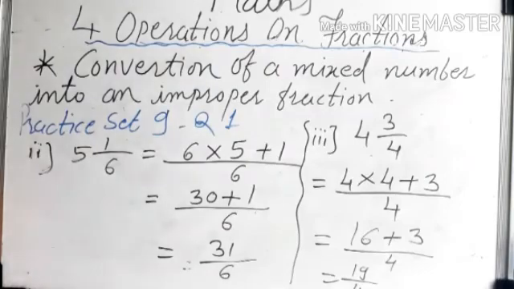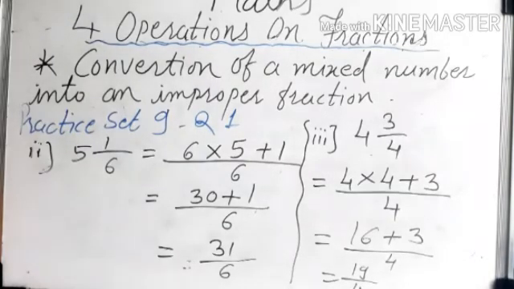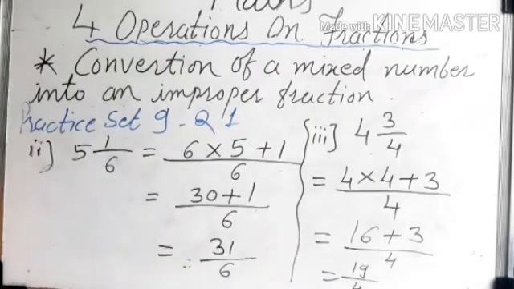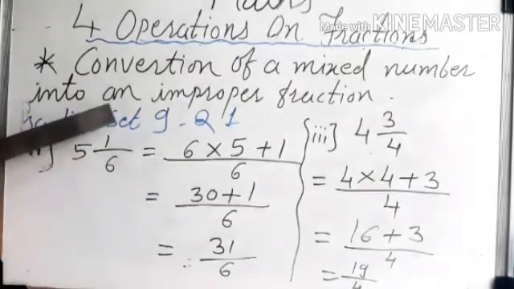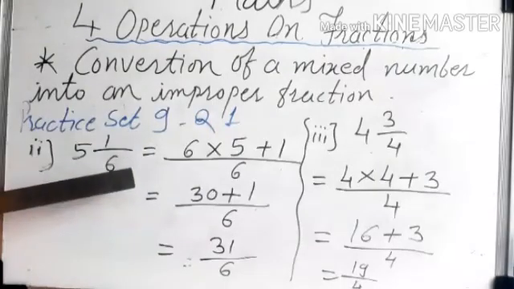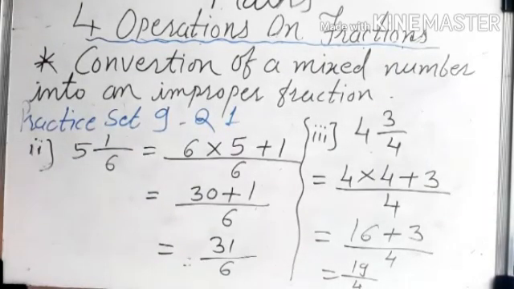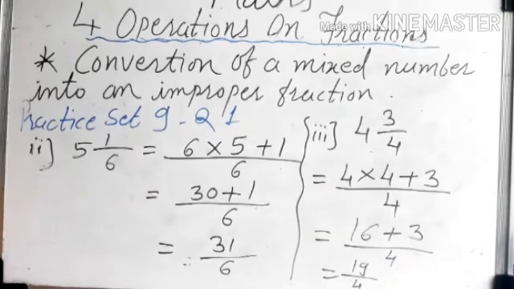We had solved question number 2 first, no problem. You can solve practice set 9 question number 2 first, because first we had seen the conversion of an improper fraction into a mixed number, and the second question depends on that. And then I have taught you about the conversion of a mixed number into an improper fraction, and question 1 depends on this. So you have to solve both questions, practice set 9, question 1 and question 2, in your notebook.